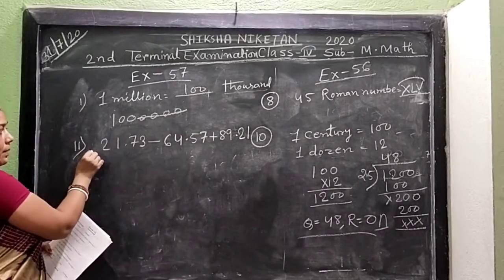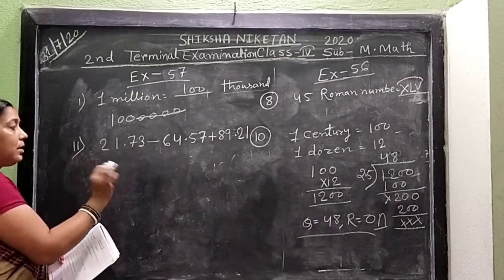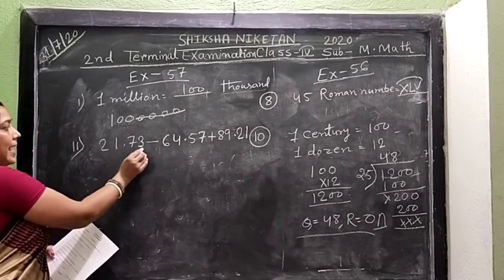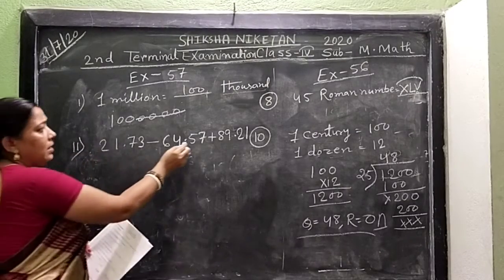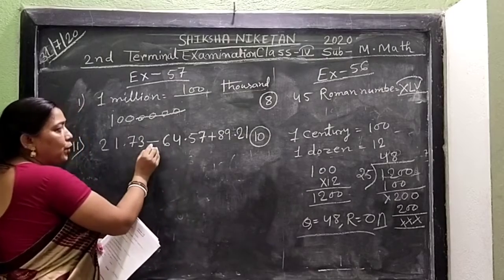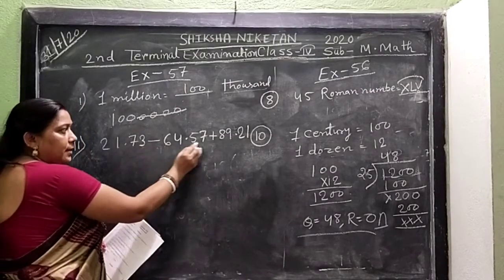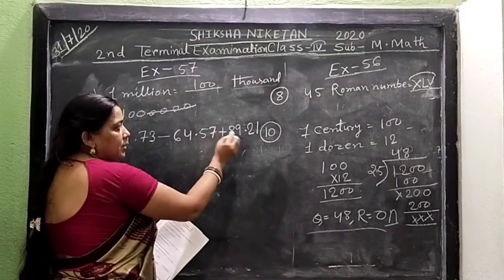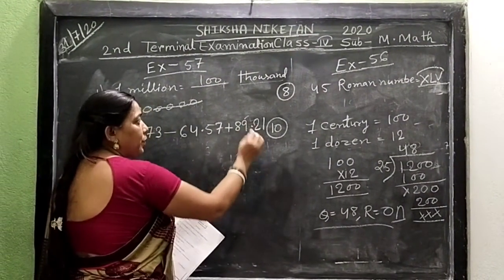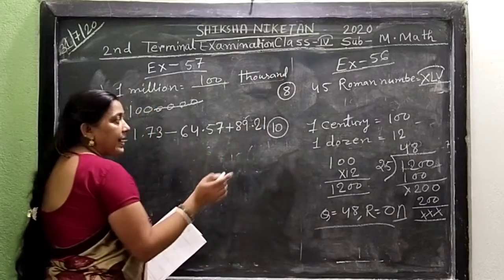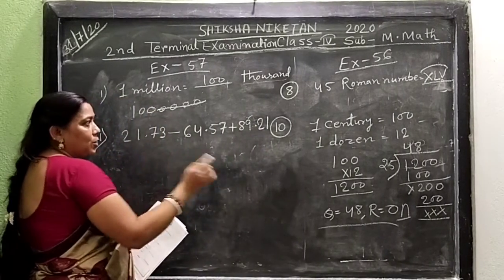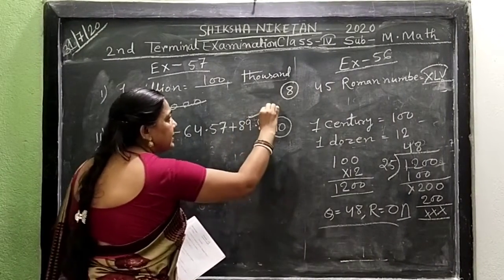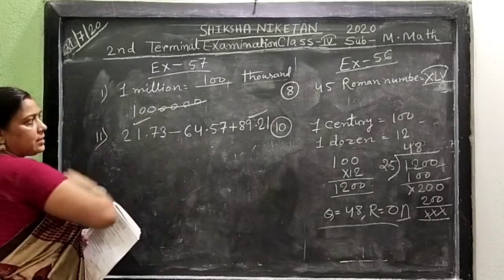Here there is no symbol, but I know this is add. The numbers before the subtract symbol are subtract. The numbers before the add symbol are adds. So first we add this number and this number.